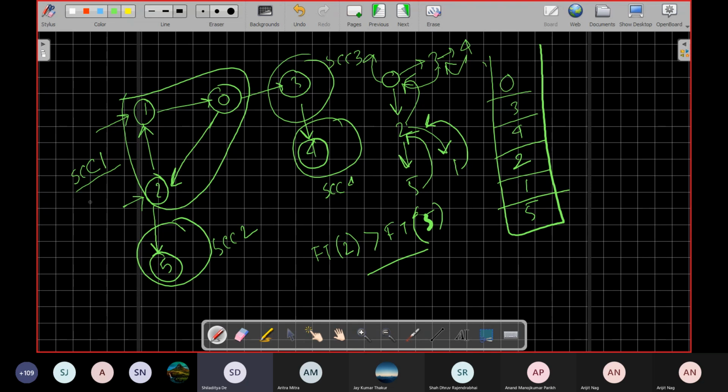So SCC1, the strongly connected component 1, is maintaining its communication with other components through 0 and through 2. So these are our points of contact. So we are not bothering about 1. That means, sir, it is a parent-child relationship that we are following here. Yeah, you can say so. So basically, 5 is a sink.